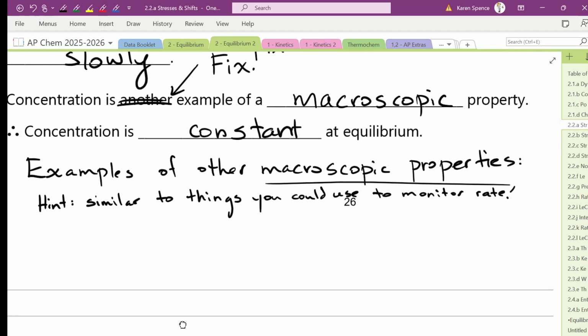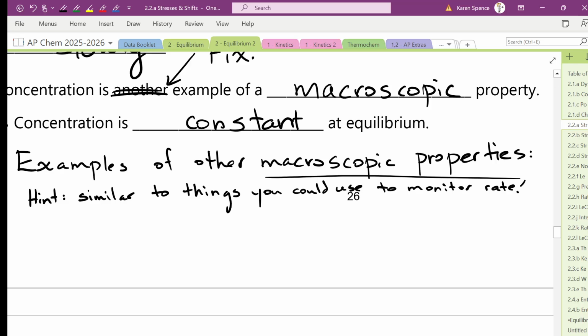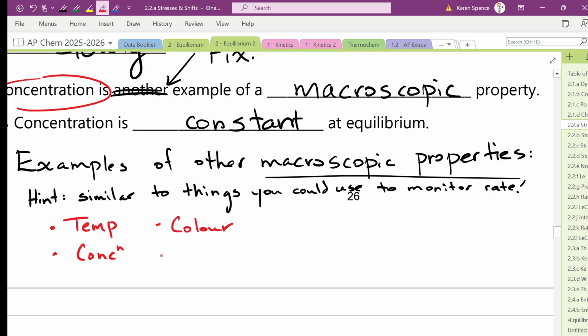Okay, what do we got? Temperature. We already had concentration, so I'm just going to list that one. Color. Surface area. And surface area doesn't necessarily have to remain constant.